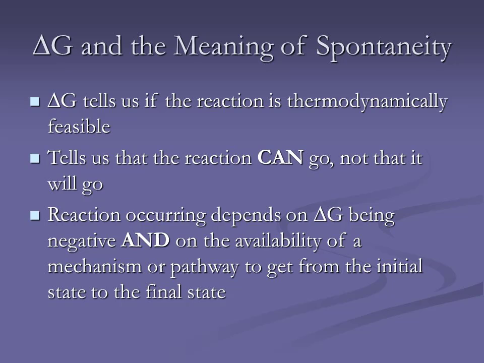If it's negative, it's going to be exergonic. Negative delta G, a negative change in free energy, is going to be exergonic, exothermic, just like a negative enthalpy is going to be exothermic. Okay? Again, we're building on that initial stuff that we learned.